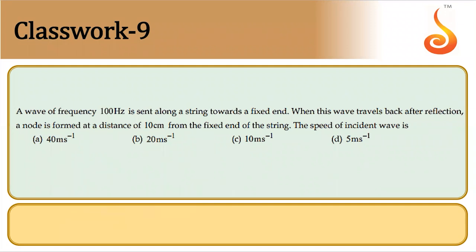A wave of frequency 100 hertz is sent along a string towards a fixed end. When this wave travels back after reflection, a node is formed at a distance of 10 centimeter from the fixed end of the string. Then the speed of the incident wave is?